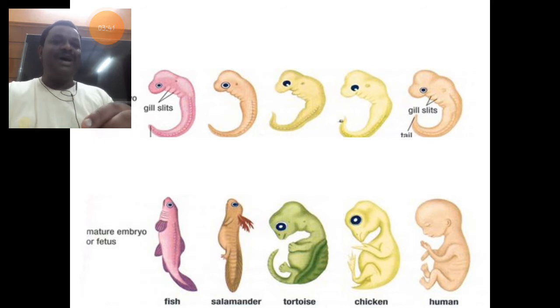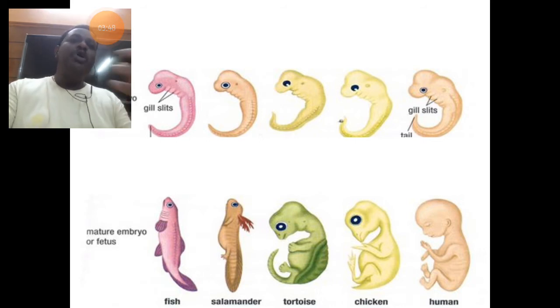It means that the embryonic developmental aspects of the organisms are looking similar to each other at one stage in their development. But when we look at the final stage, that is the adult stage of these organisms, it totally differs.